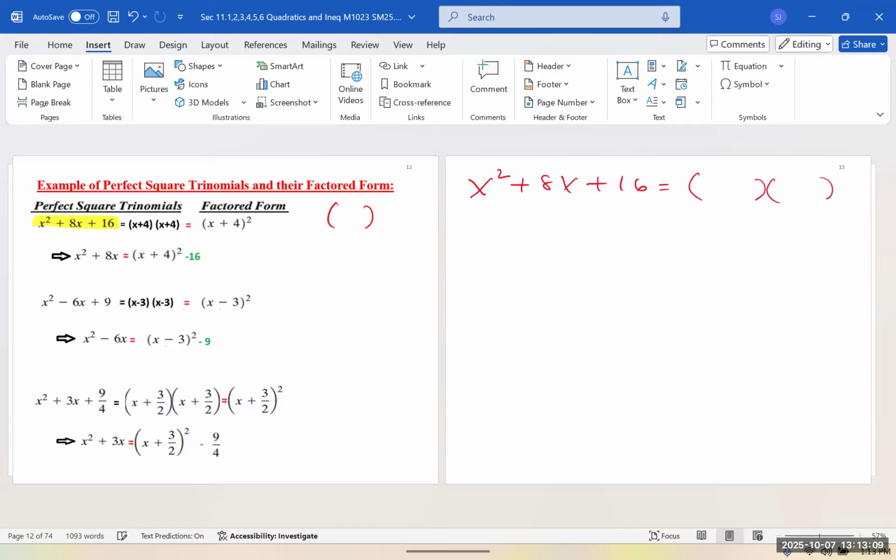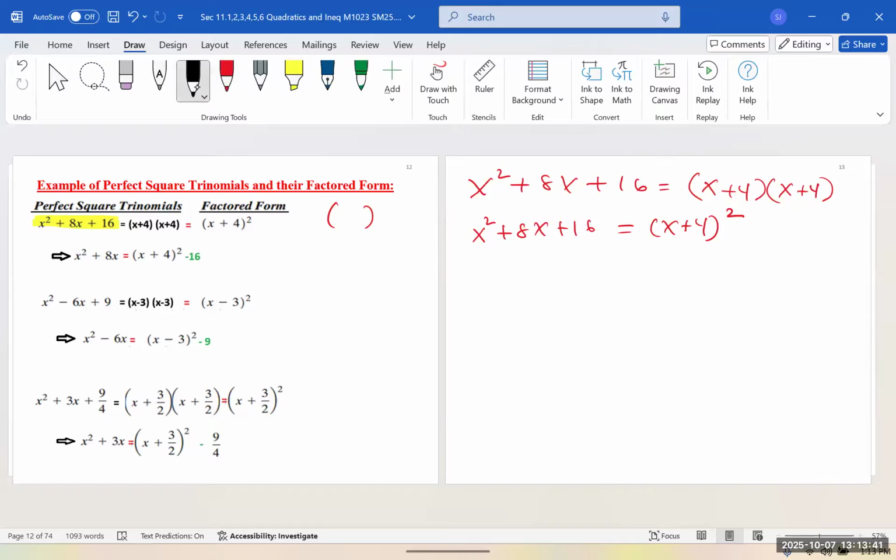Two numbers multiply to 16 and combine to 8. What two numbers do we have? Plus 4, plus 4. So x squared plus 8x plus 16 is x plus 4 squared. Right? When you factor, you get the same thing twice, so we square it.